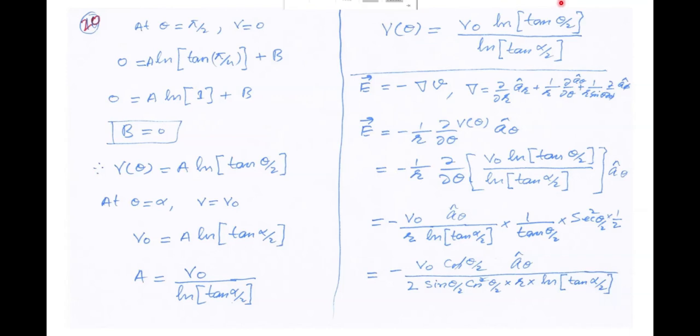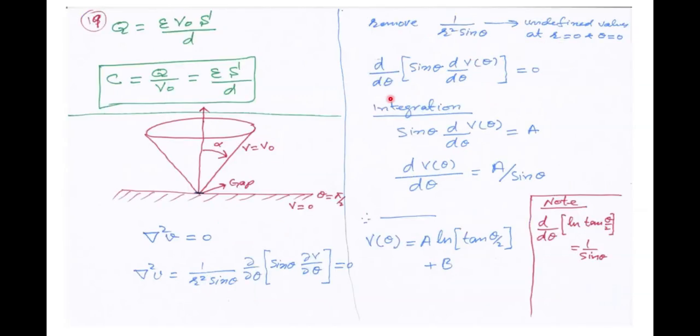So the resultant potential in between the conical surface and the conducting sheet becomes equal to this one, that is potential function equal to V naught ln tangent theta by 2 divided by ln tangent alpha by 2. Now we have obtained the potential function using the given information in between the conical surface and the conducting sheet.